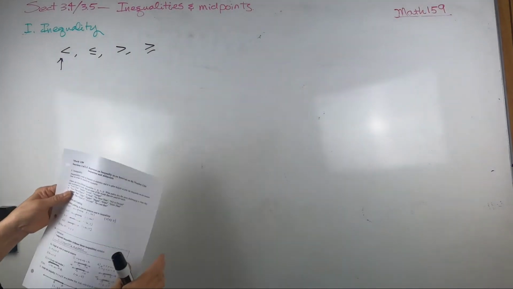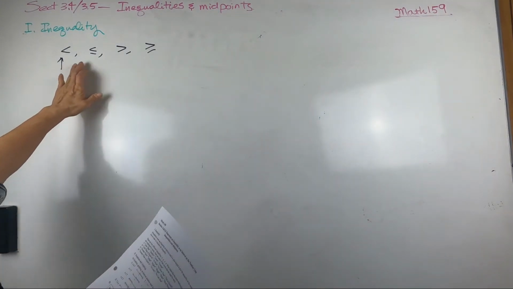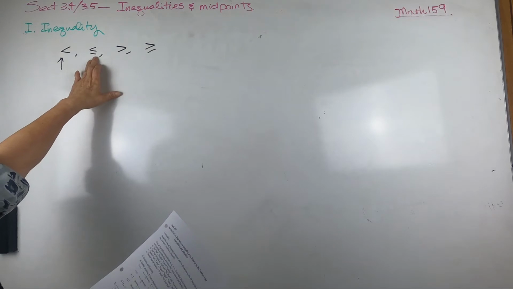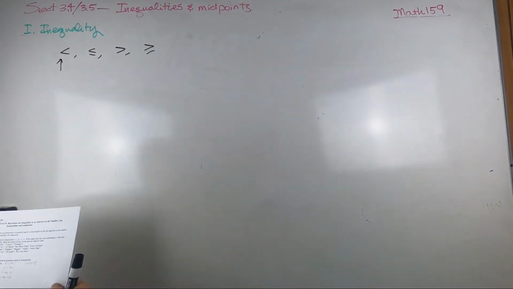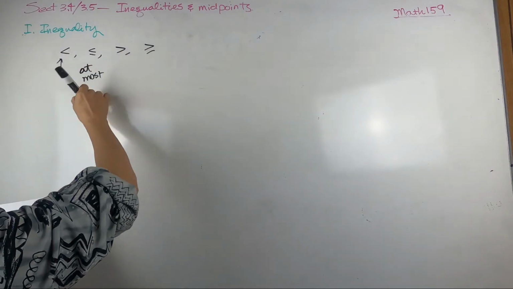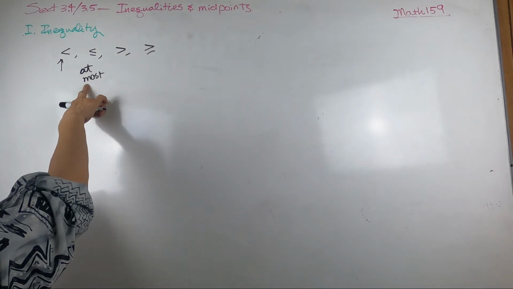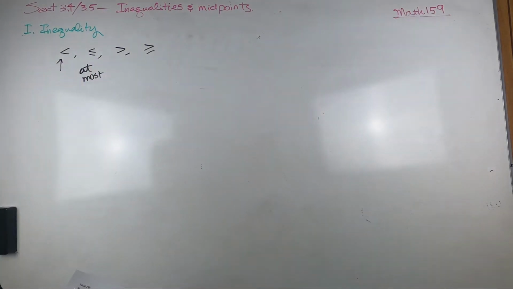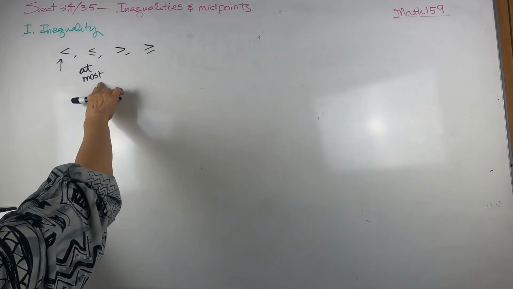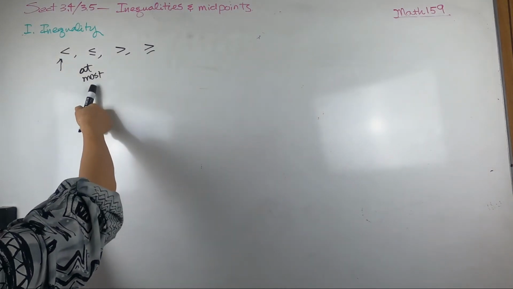Sometimes we say smaller than, lower than, or younger than. Less than or equal to, sometimes we use for at the most. So when you see this word in English, you translate it to math language: less than or equal to means at the most, or no more than, or not to exceed.